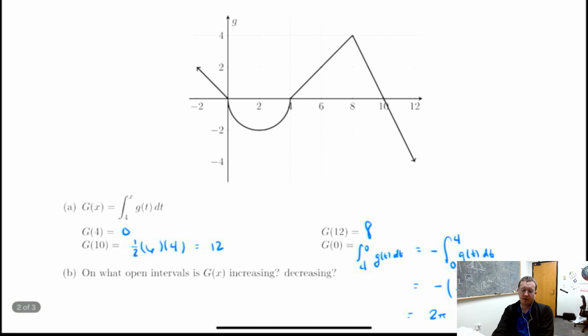Where is capital G of x increasing and decreasing? Well, once again, the derivative of capital G is little g. We're looking at the graph of the derivative. So if we're looking at the graph of the derivative, where is the original function capital G of x increasing? Well, when the derivative is positive.